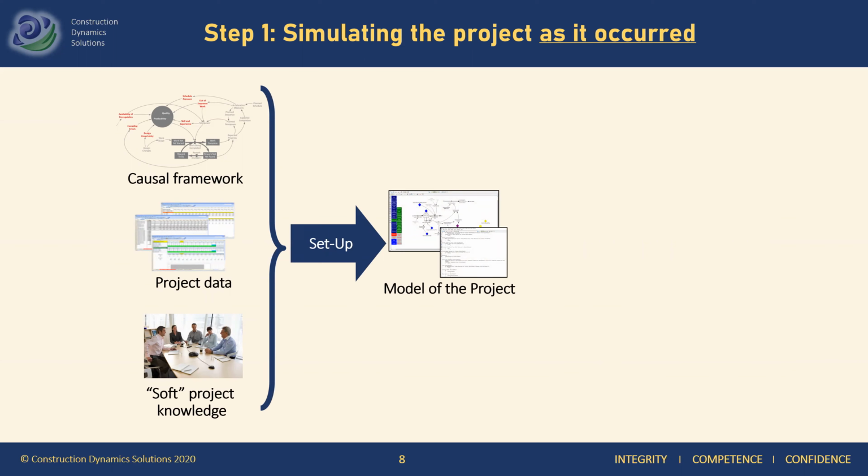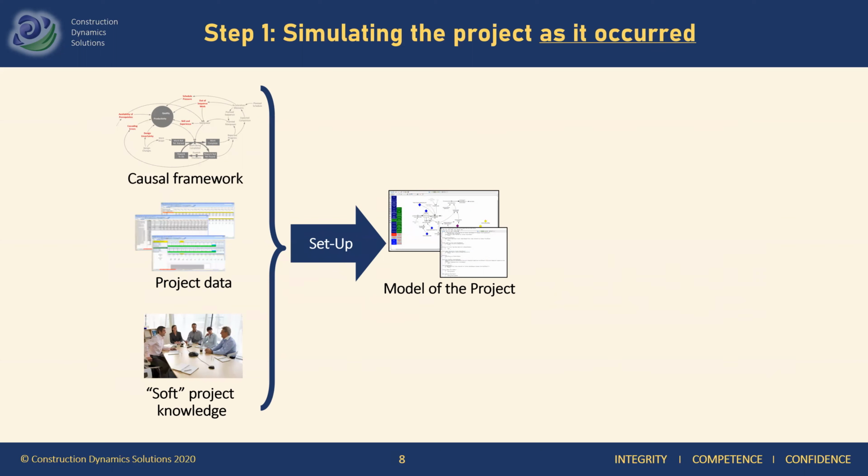Information, for example, about its bills of quantities, the characteristics of its manpower, its baseline schedules, and so forth. We also gather information about its as-built performance, the amount of manpower employed at different stages, the progress achieved, the S-curves, etc. And we even gather some soft data about the project, the management philosophy.